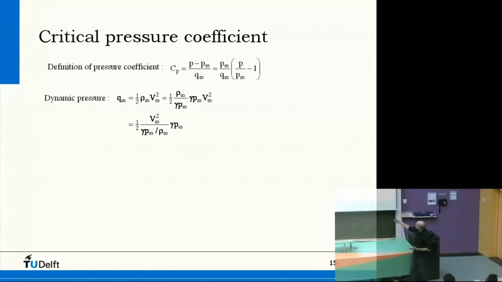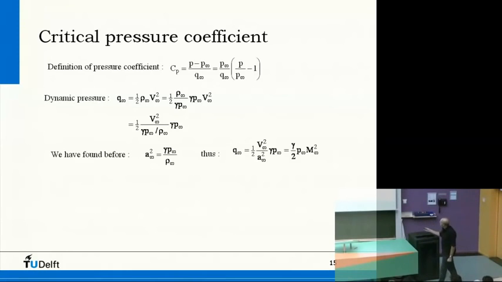So we're going in this direction. We write this in a form where gamma comes in. And so if we write it like this, then this is V squared divided by P infinity divided by rho infinity. And this here is the velocity of sound squared. Right?